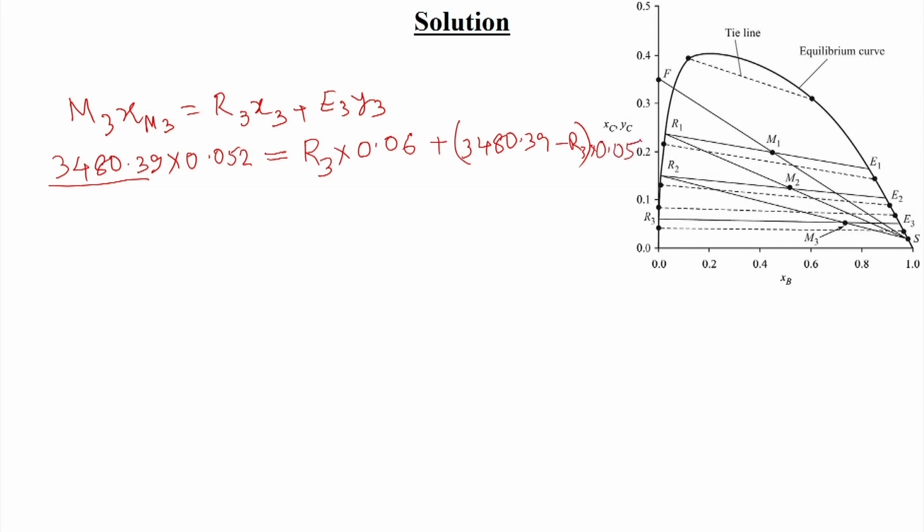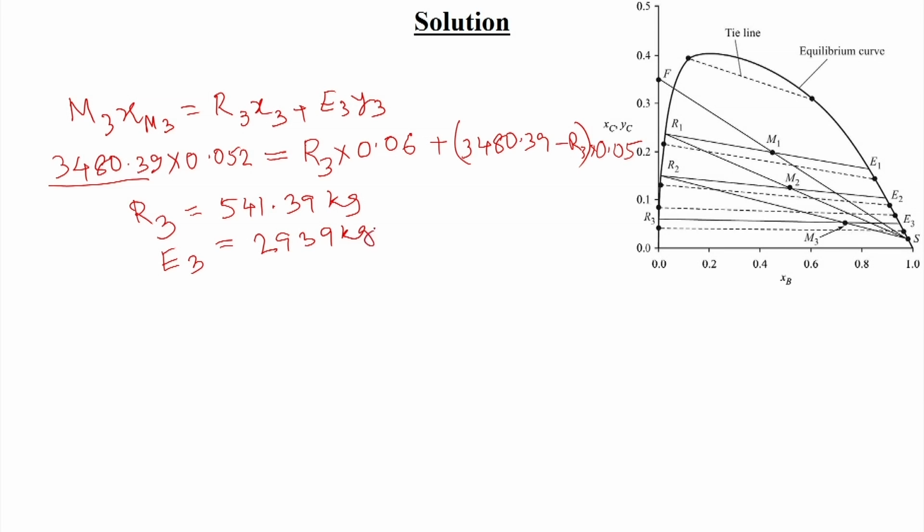Okay. So, from here, by manipulating this equation, we get R3 as 541.39 kg, and E3 is the rest, 3480.39 minus 541.39, which comes out as 2939 kg.